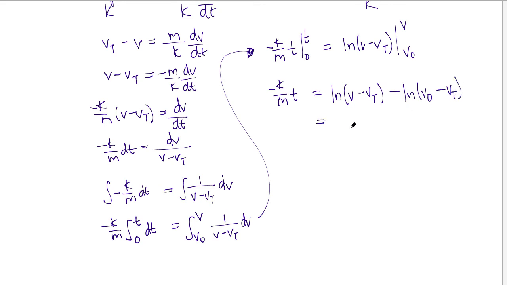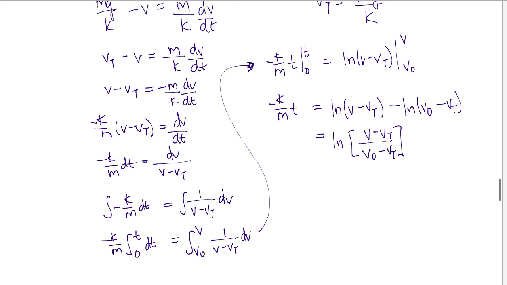So I'm just going to work with the right-hand side for a moment. Because I'm subtracting two logs with the same base, I can rewrite this as the ln of v minus v terminal over v naught minus v terminal. So this looks a little ugly, but we can make a little simplification. If you recall, we said that v terminal is mg over k, and we were also given that v initial is 3mg over k.